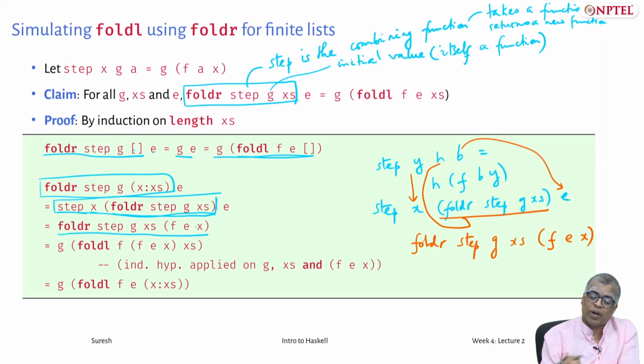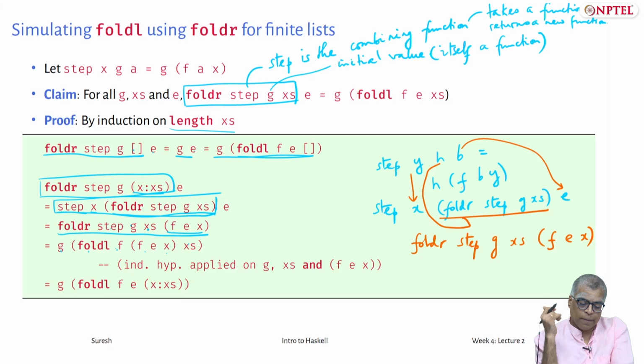Now, at this point I apply the induction hypothesis, because the induction is on the length of xs. I have x:xs, xs is of smaller length, so foldr step g xs anything is g applied on foldl f that thing xs, but that thing here is f e x, so this is g applied on foldl f (f e x) xs. But foldl f (f e x) xs is nothing but foldl f e (x:xs).